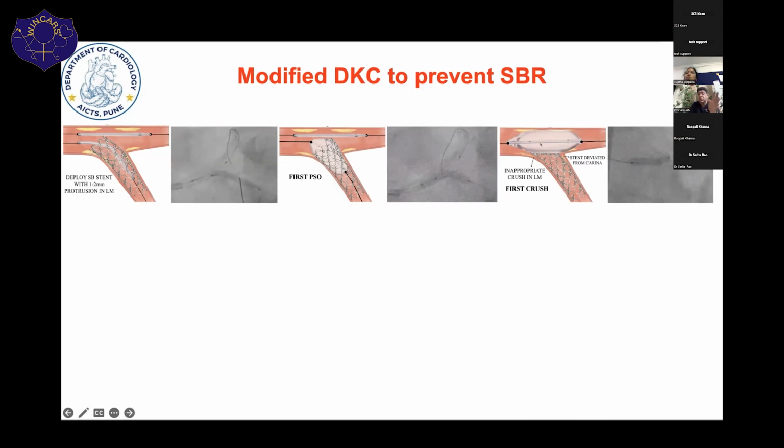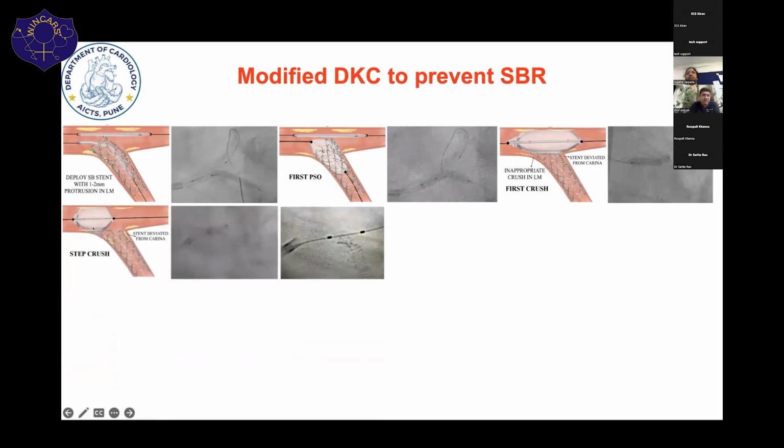So you need to take out your POT balloon earlier to crush this stent in the left main. This is what is shown here. So you take out your POT balloon for doing a second crush or a step crush.